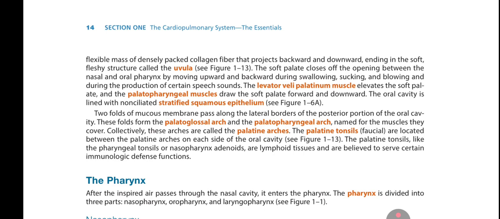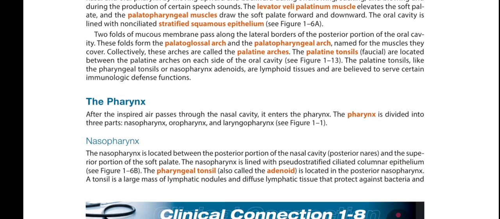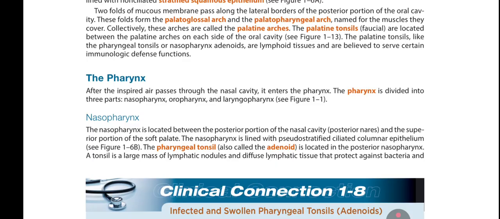So the oral cavity again is lined with non-ciliated stratified squamous epithelium. Okay, and then we have here the palatine arches, the palatoglossal arch, and the palatopharyngeal arch.